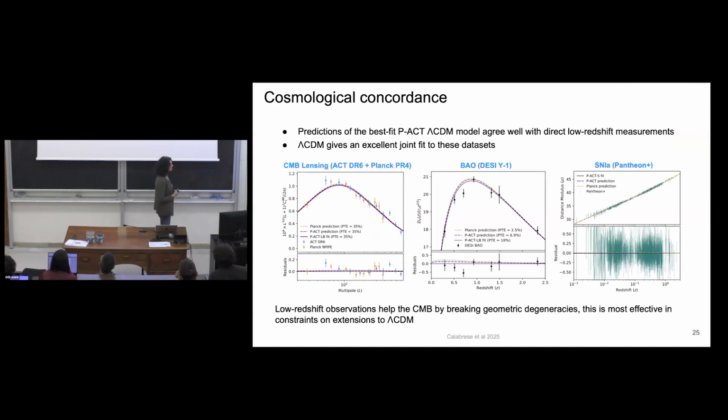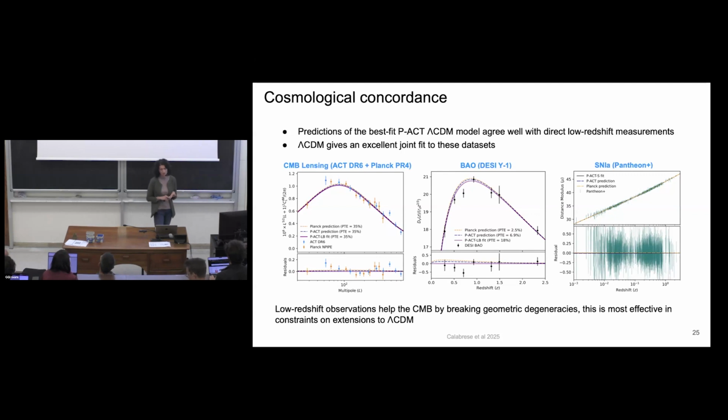Once we established that lambda CDM was a good fit to our data, and we got our baseline lambda CDM solution, we wanted to check how this compared with observation at lower redshifts. For that, what we did was simply to predict what those observations should look like and compare with the leading observations. So we did that for CMB lensing, for BAO.